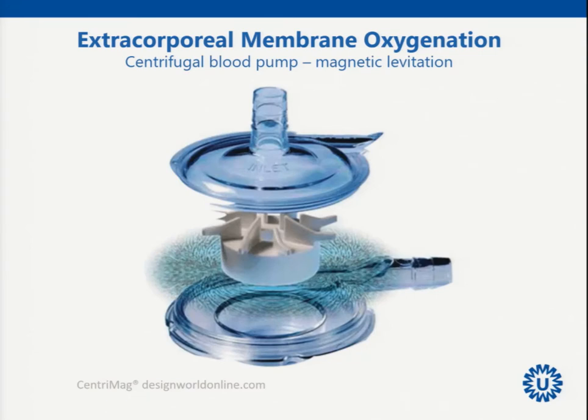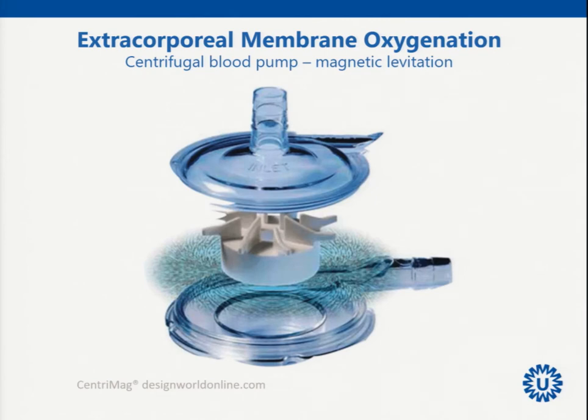So in modern ECMO we do not have roller pumps as has been done in the past and is still done in pediatric ECMO in some setups. The roller pump is an occlusive pump which is still used in the cardiopulmonary bypass system, of course, but the modern ECMO setups are configured with centrifugal pumps.